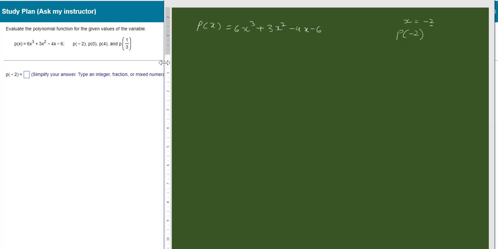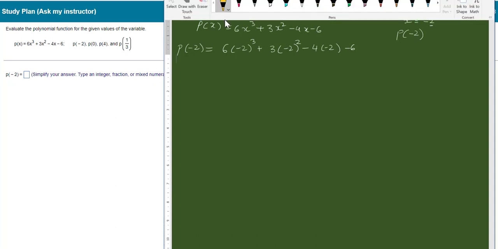So we will start with the first one where we have p(x). If you're looking for p(-2), we will substitute -2 for x wherever we see it in the question. Right? Do you see that?